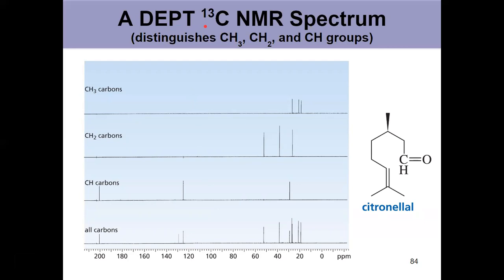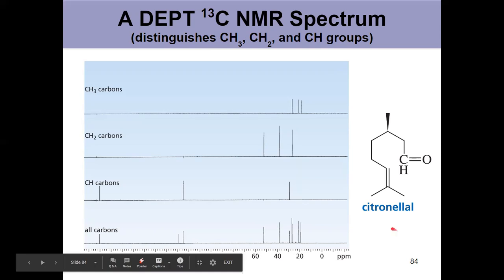That's a way to do carbon spectra that's a little more common than proton coupling, because it will distinguish your methyl groups, your methylenes, and your CHs, excuse me, your methynes. It does that by acquiring multiple spectra for the same molecules under different conditions. So it's not just going to give you all carbons, it'll tell you how many CHs, how many CH2s, how many CH3s. That's from DEPT.